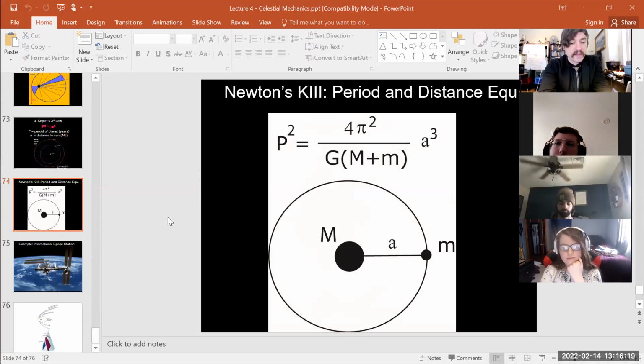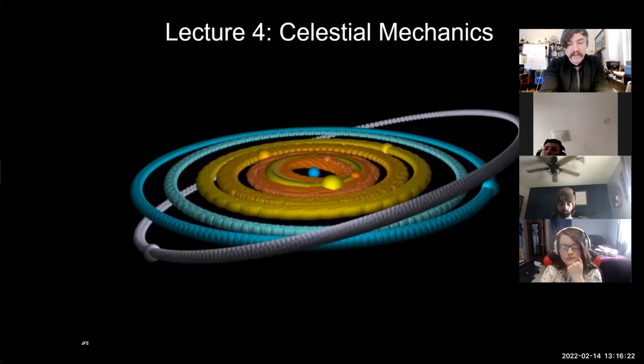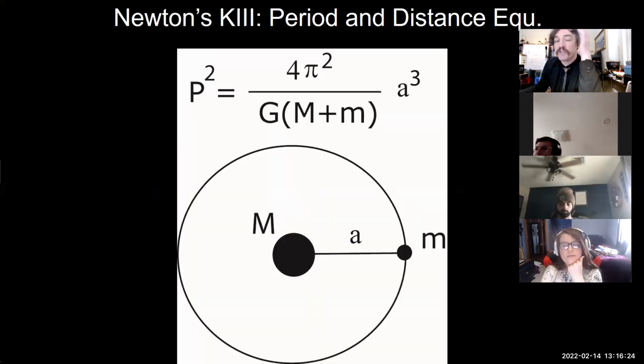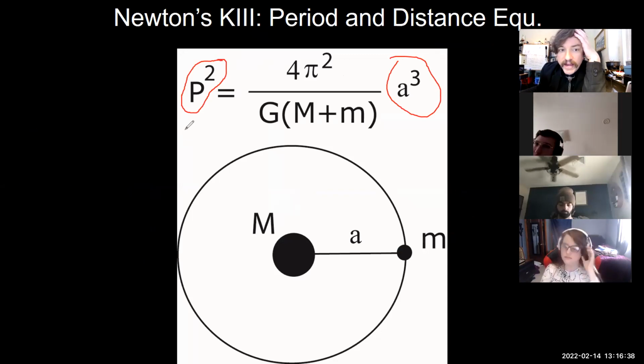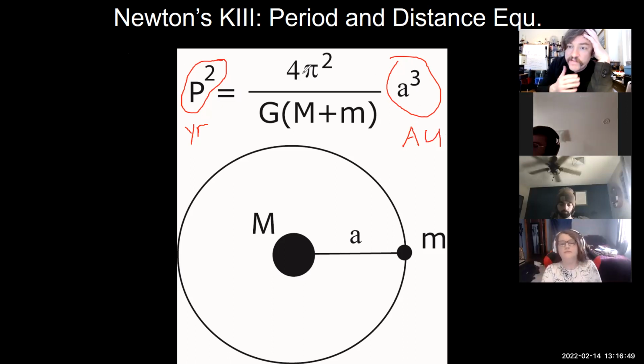But Isaac Newton basically modified Kepler's law of planetary motion so that he could account for how gravity changes the period of planets when you're not orbiting the sun. In other words, originally in Kepler's law, we had p squared is equal to a cubed. And in Kepler's version, the period was measured in years and the distance was measured in AU. But in Kepler's version, the equation only works for planets which orbit the sun.